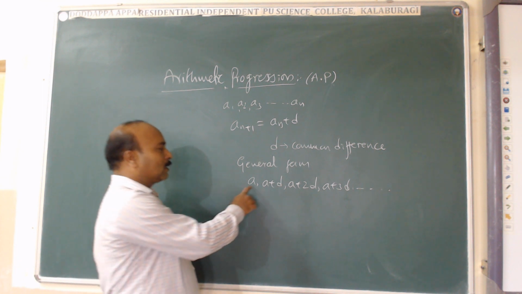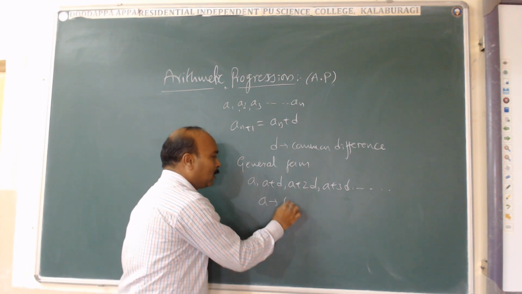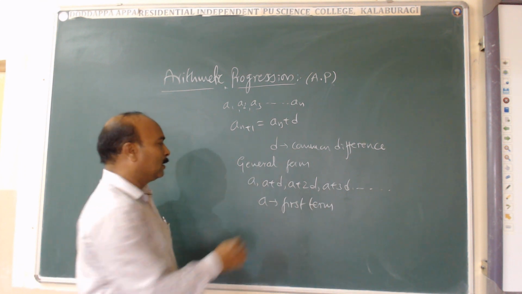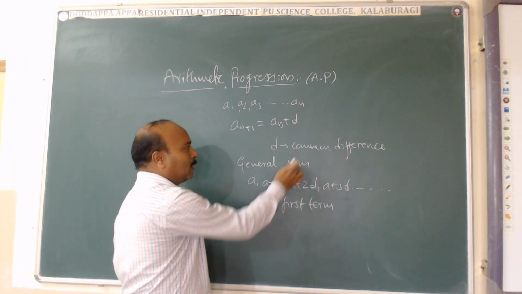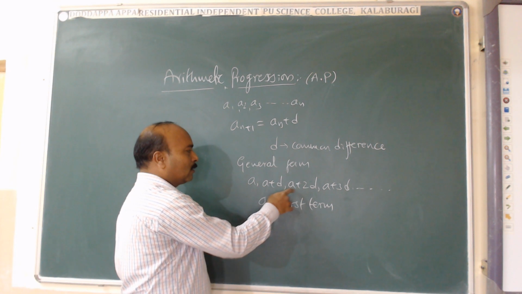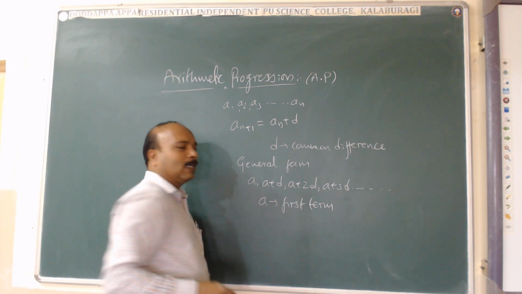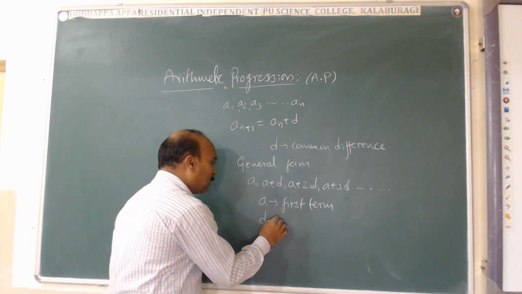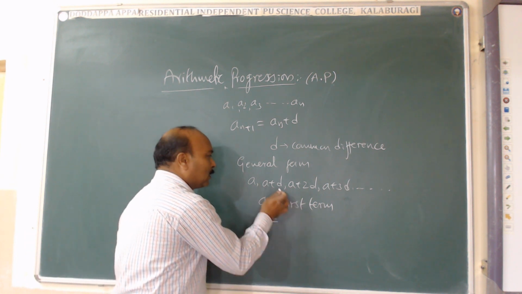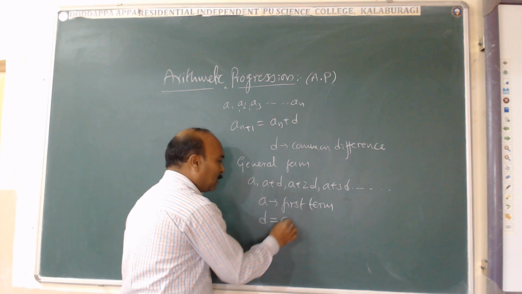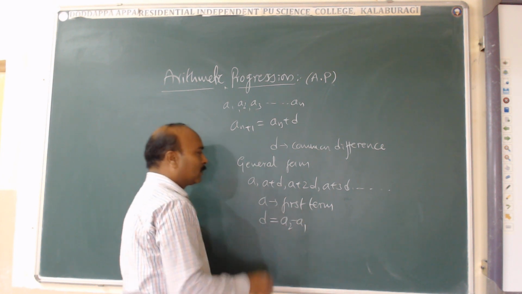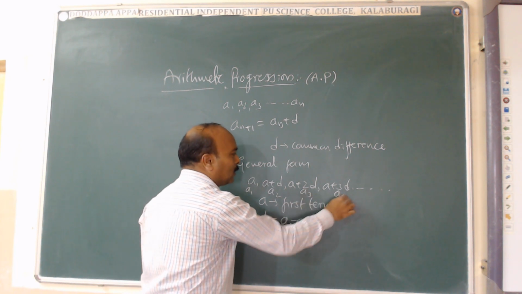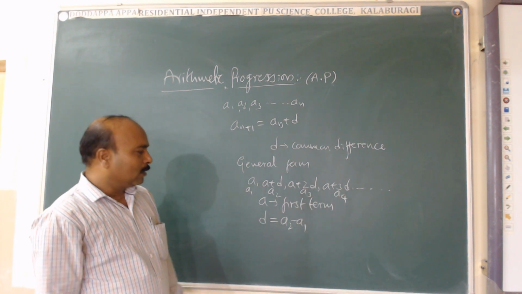Here this a is called the first term of the AP, and this d is the common difference. Every term is got by adding d to the previous term, and this d is got by the formula: second term minus first term, that is a2 minus a1.